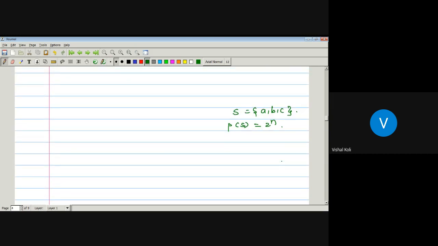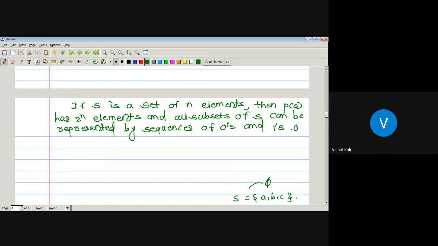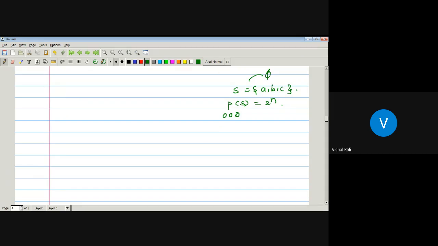It means the first element will be phi. This phi can be taken as 0, 0, 0, since S contains 3 elements, so the sequences of zeros and ones are of length n. Since S contains n number of elements, here S contains 3 elements, then the empty set phi can be represented as 0, 0, 0.